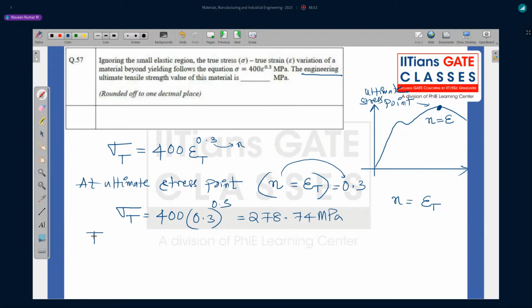Next, they're asking, this is what? This is ultimate tensile true strength. I want engineering strength.